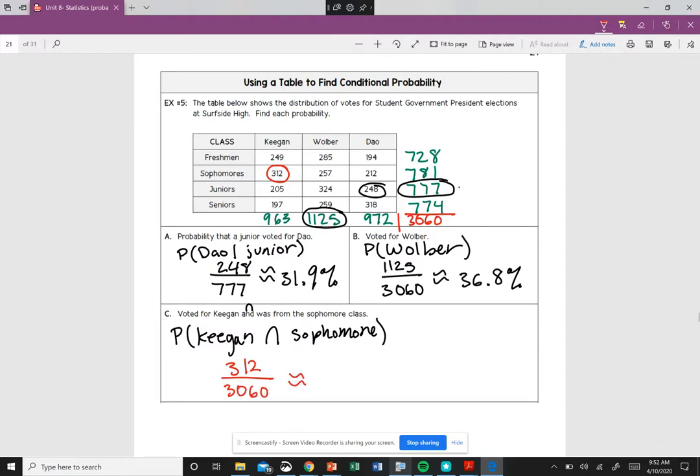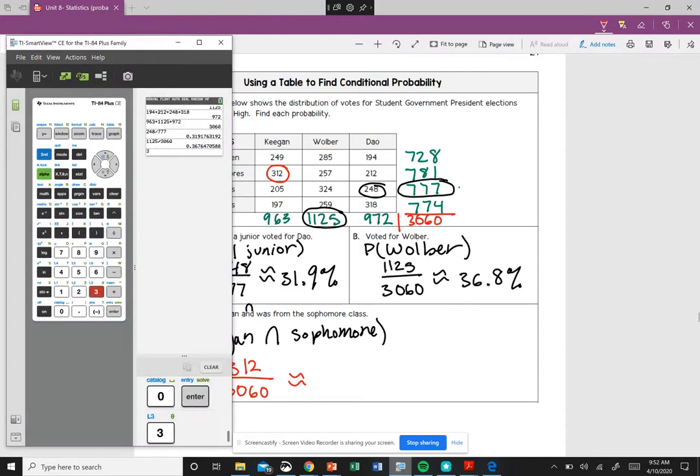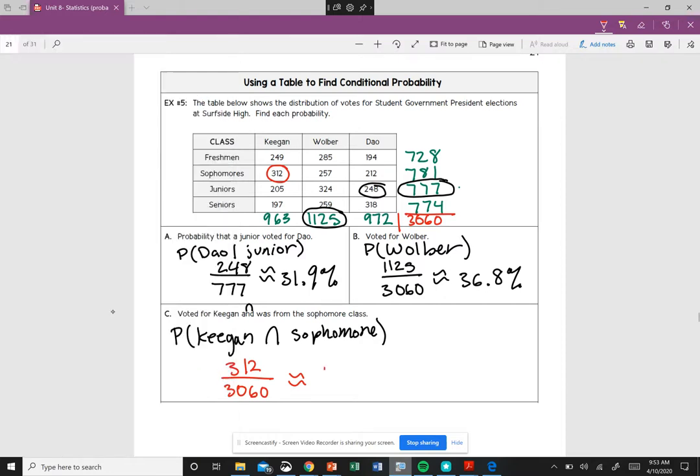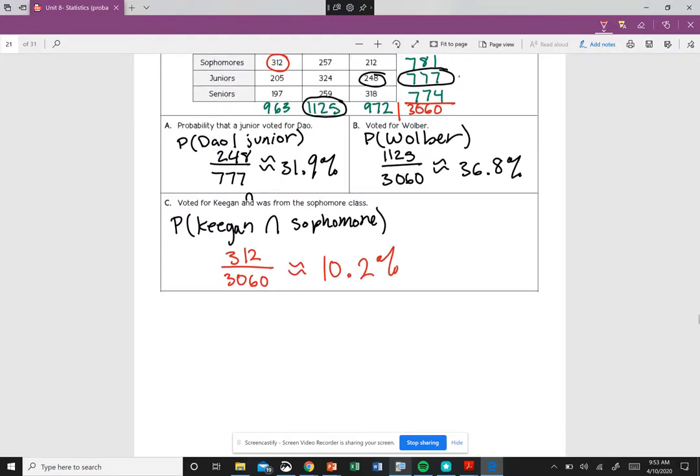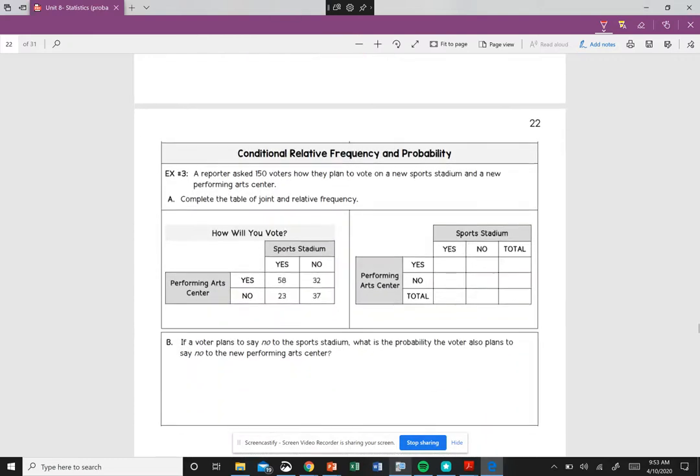So I'm going to do 312 divided by 3060, and I get 10.2%. That isn't bad. Okay, we're going to do a whole lot more of these. Don't you worry, there's more.